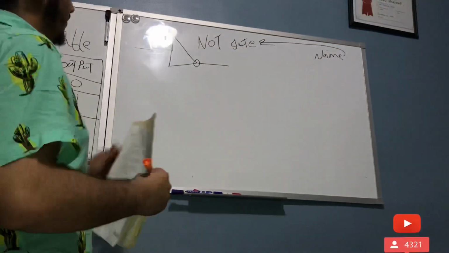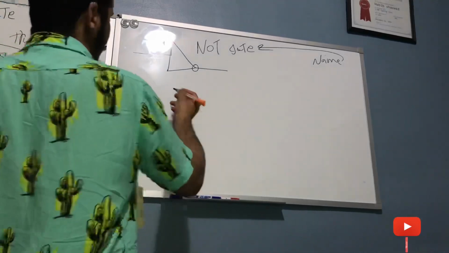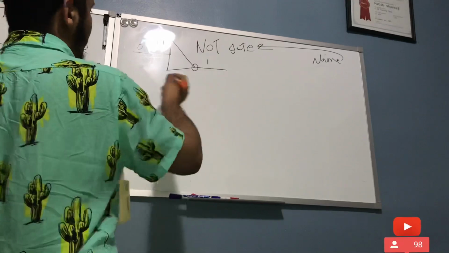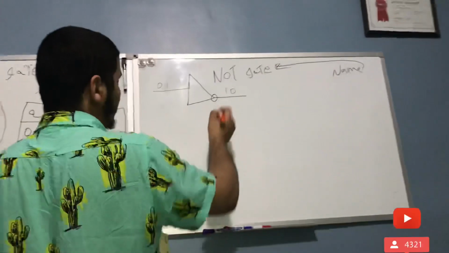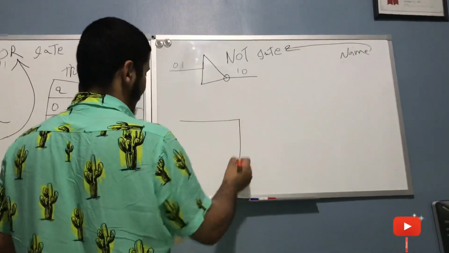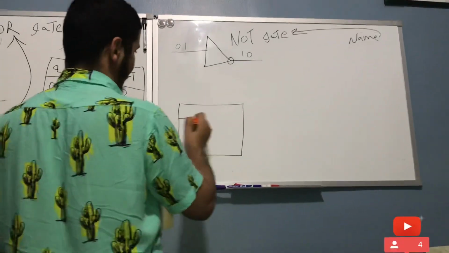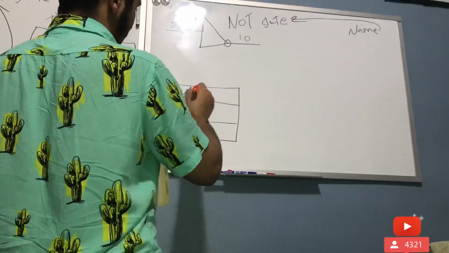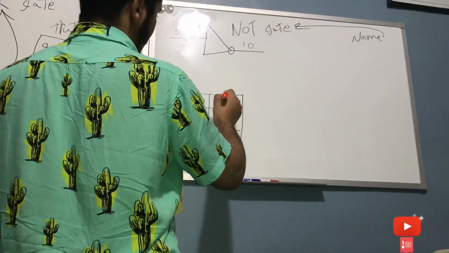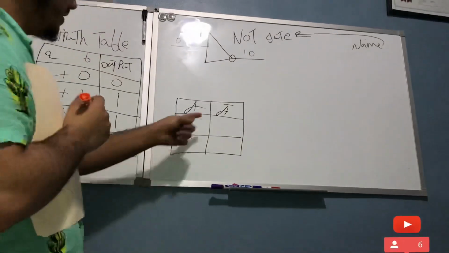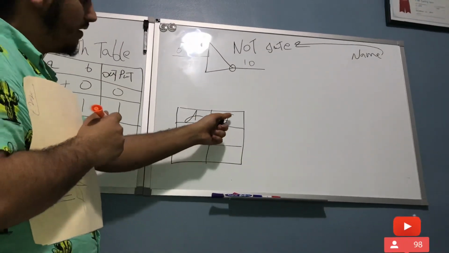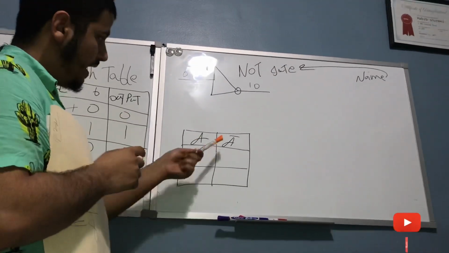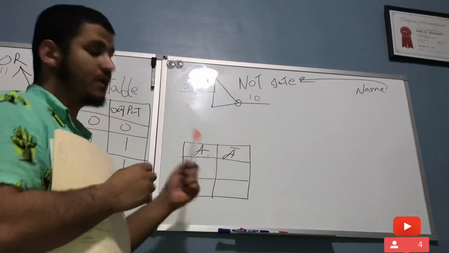That's the name for it. That's the NOT gate. That's a truth table. How they work: if you put 0 here, the output will be 1. If you put 1, the output will be 0. That's how it converts. If there is a line over the A, that means it converts.